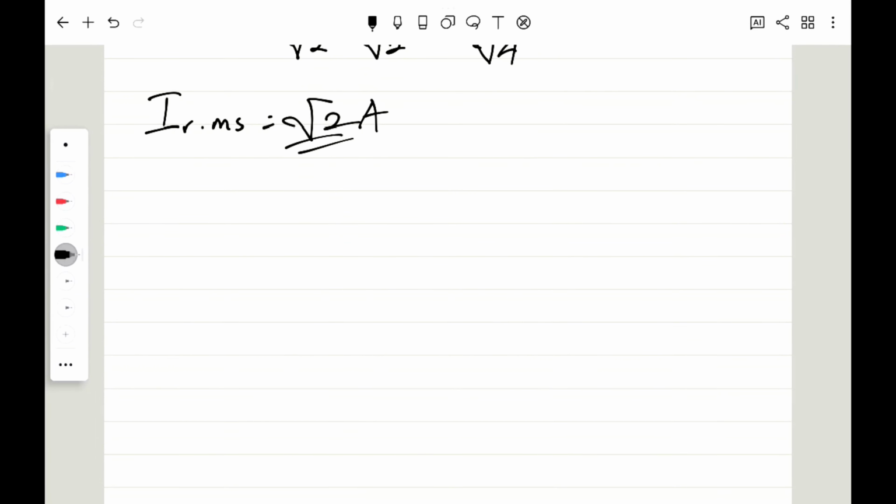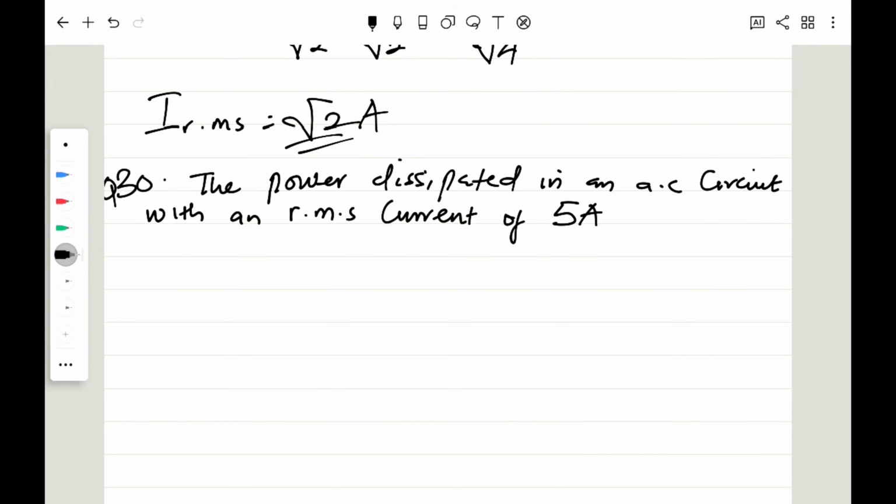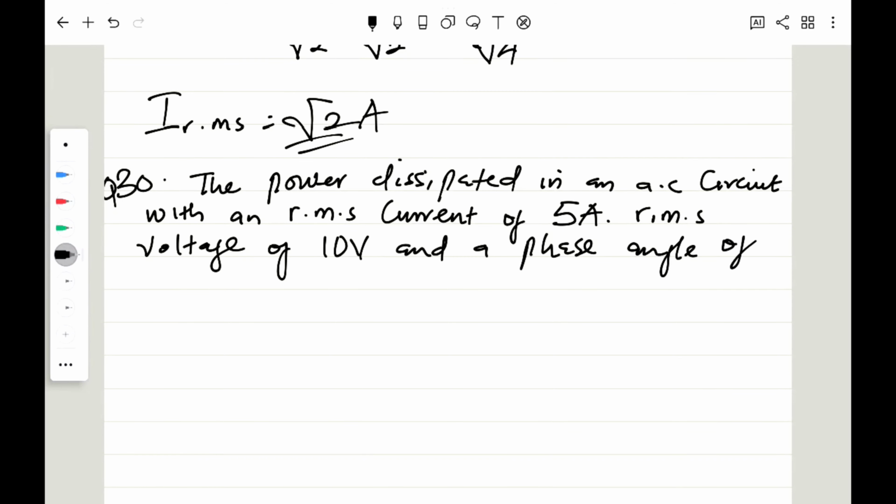The last question under this episode, question 30, we have: the power dissipated in an AC circuit with an RMS current of 5 ampere, RMS voltage of 10 volt, and a phase angle of 60 degrees is.